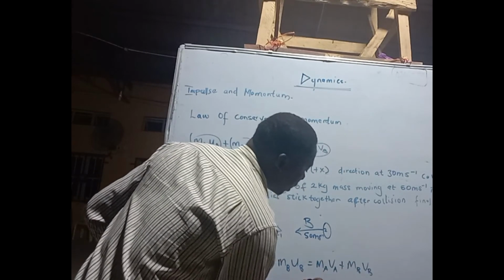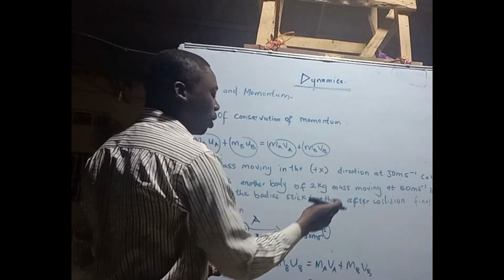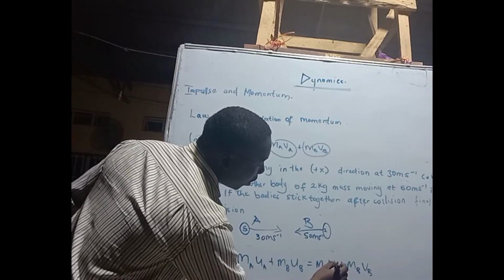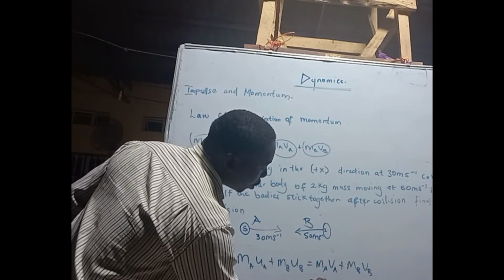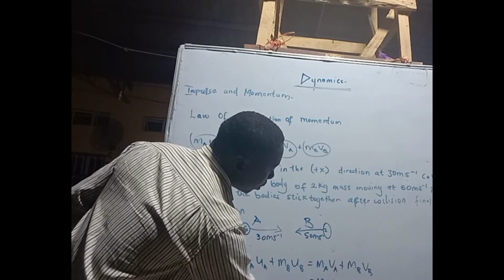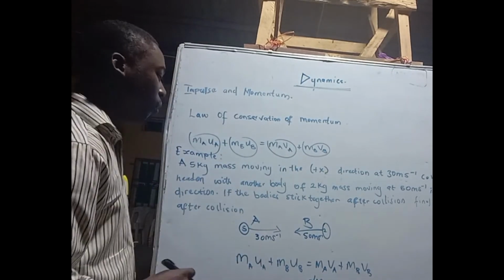But we were told that they stick together after collision. Definitely the velocities will be the same there. So having mA plus mB multiplied by V, the velocities will be the same.